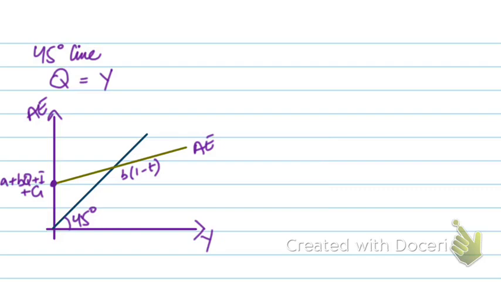So at the intersection point of the AE curve and the 45-degree line, that's this point. This point is basically the equilibrium income of the economy, right? Because at this point Y equals Q because it's on the 45-degree line, but it's also equal to aggregate expenditure. So this is how you determine the income using the 45-degree line in a closed mixed economy, right?